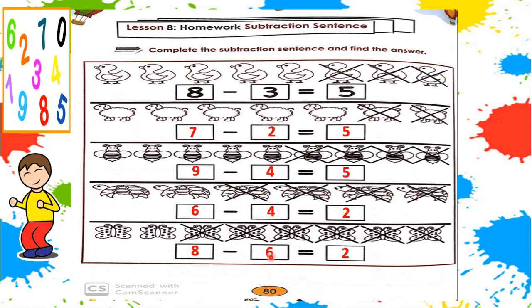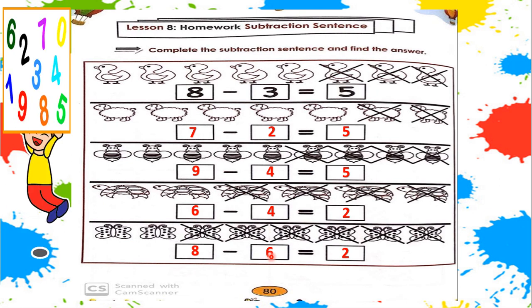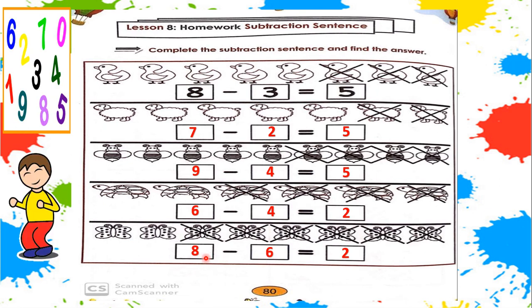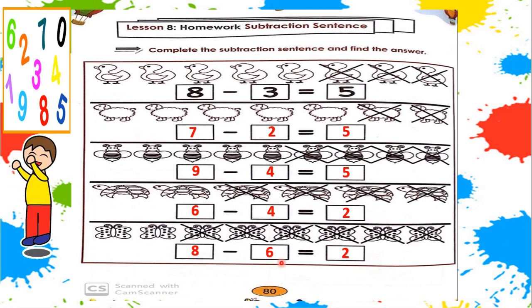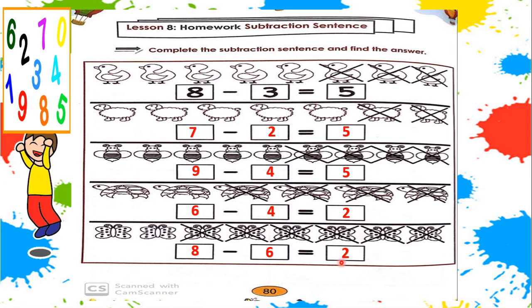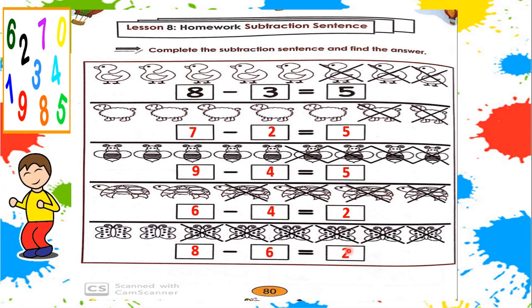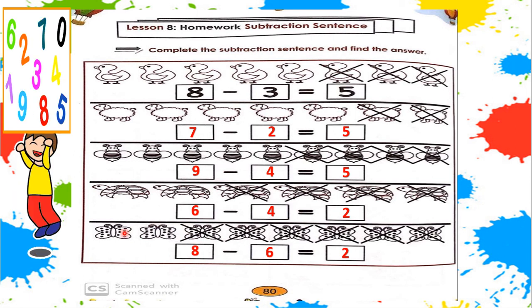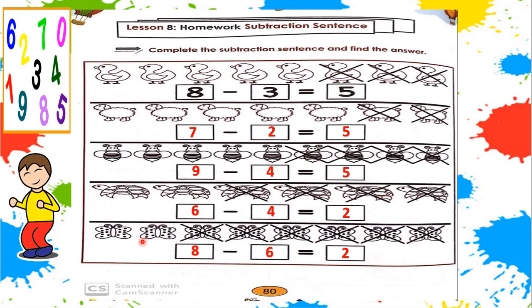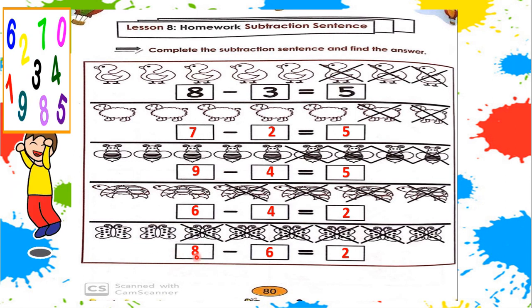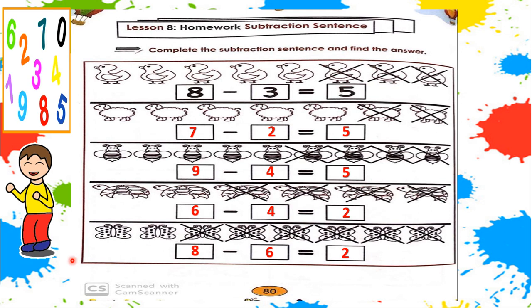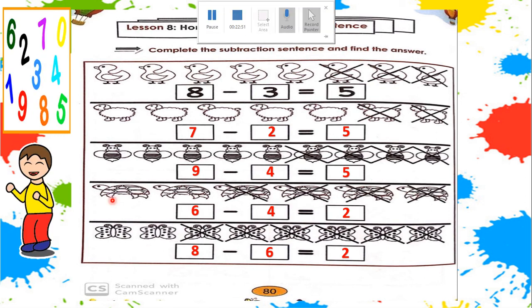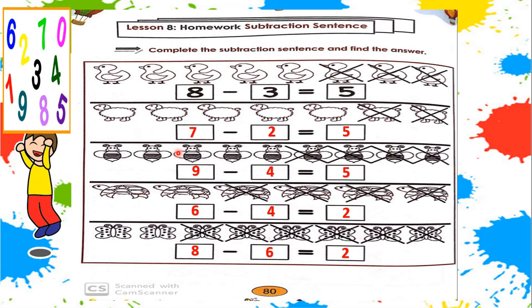So we take 6 butterflies. So 8 minus 6 equals 2. So it means the 2 here are the 2 butterflies left without X. Is your answer correct? Okay, I hope that your answers are all correct.